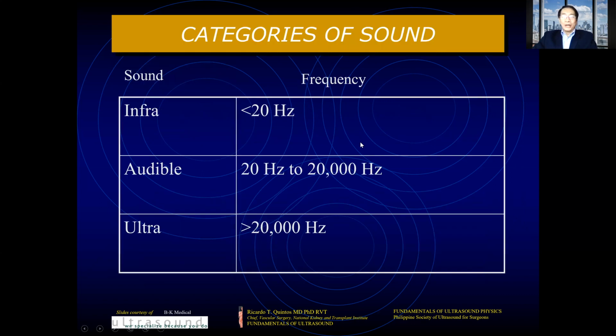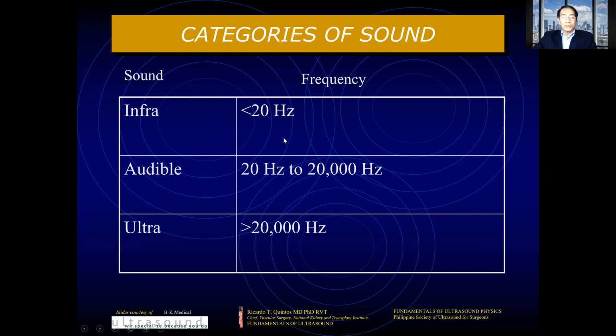The different categories of sound are as follows. We first start with audible sound, and this is the reference point, which is the sound audible to humans. The frequencies that humans are able to hear and detect with their ears is the sound that vibrates from 20 hertz to 20,000 hertz.